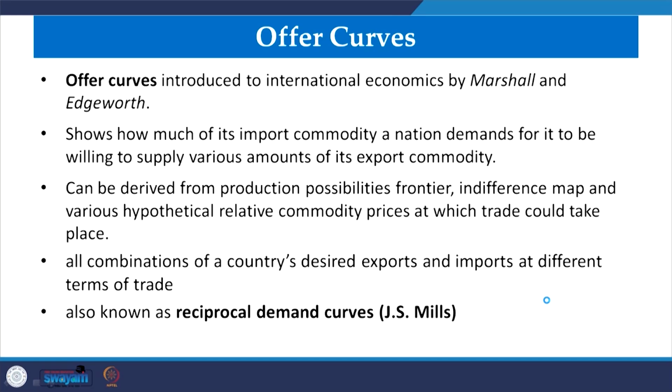This is also known, as I mentioned in the last class, as the reciprocal demand curve, initially included in the trade literature by John Stuart Mill, where reciprocal demand curves are categorically explained. This also measures willingness to trade, how much the participating countries are actually willing to trade with each other in order to have their exports or imports respectively.